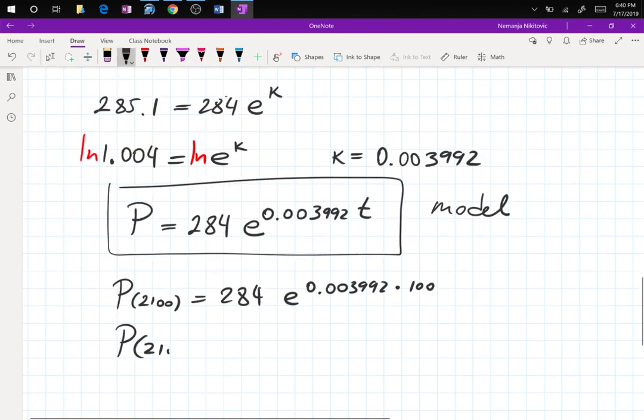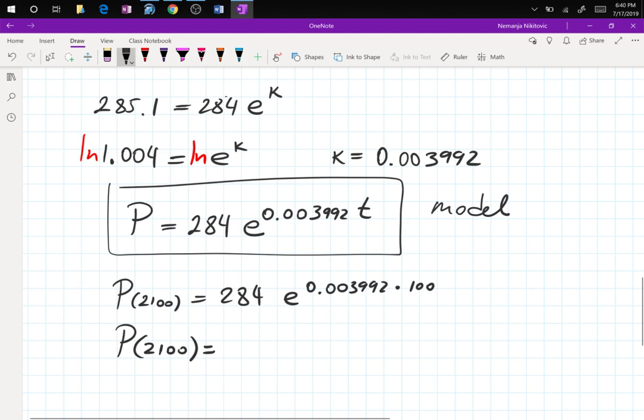So the population in t equals 100 of that country will be 284 times e raised to the, and now you can multiply by 100.